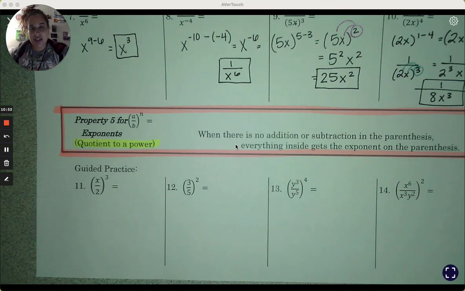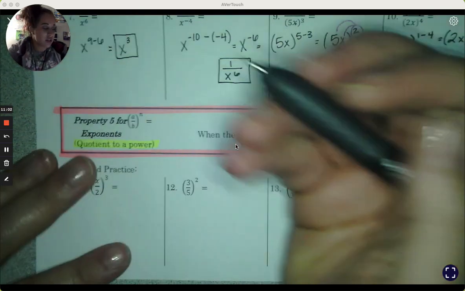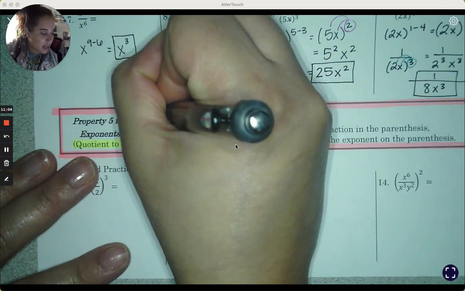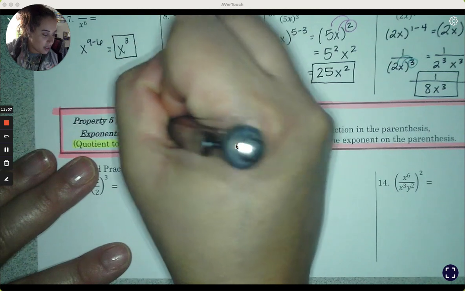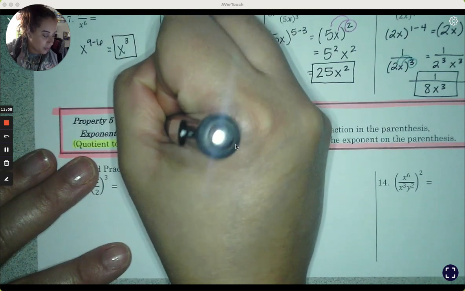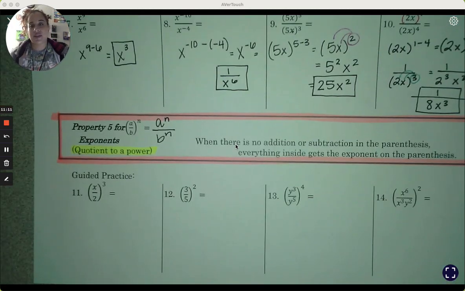Cool. Property number 5, this is the quotient to a power. So just like we had the power of a product where we had two things multiplied inside the parentheses, the quotient to a power is two things being divided inside the parentheses, which all this tells me is that everything still gets the exponent that's on the outside.